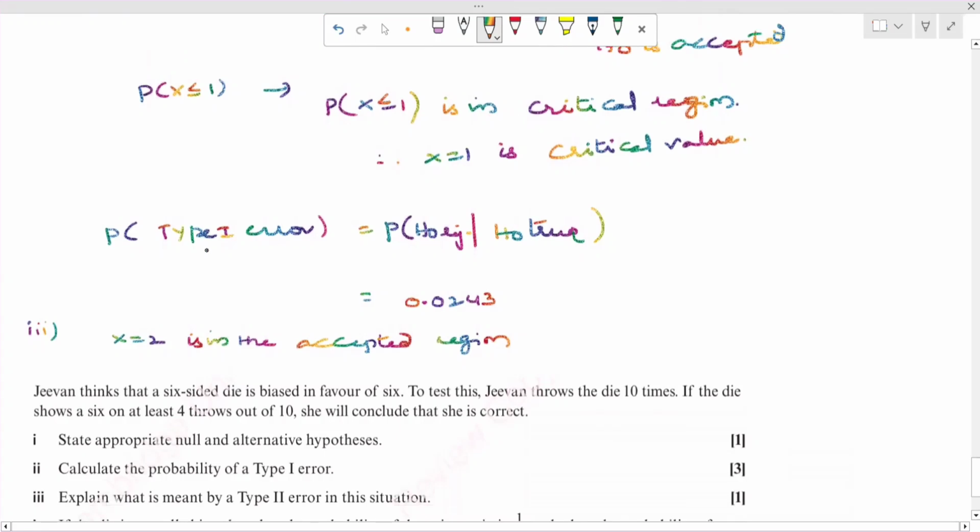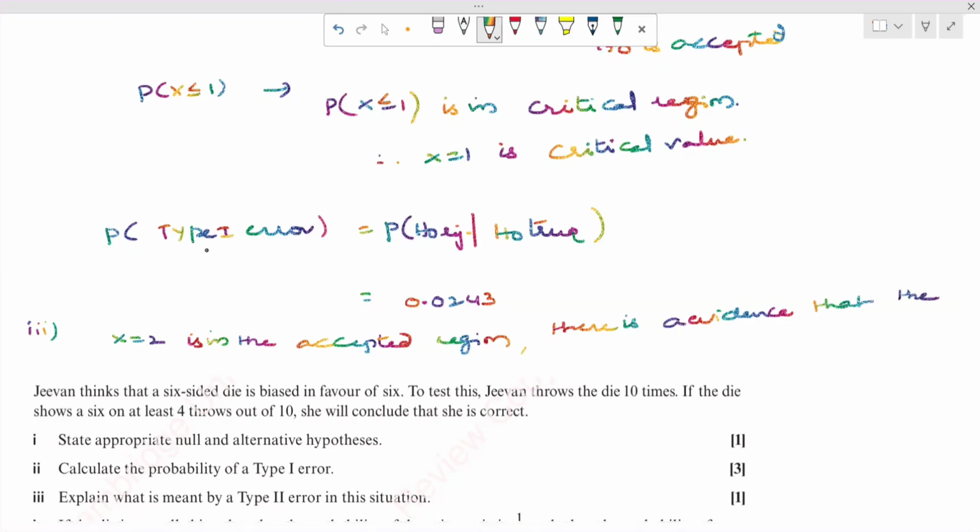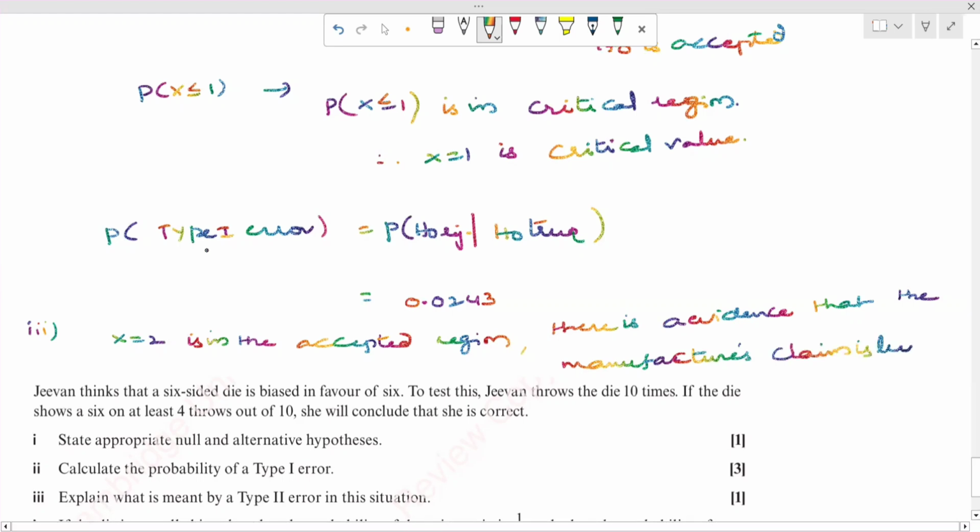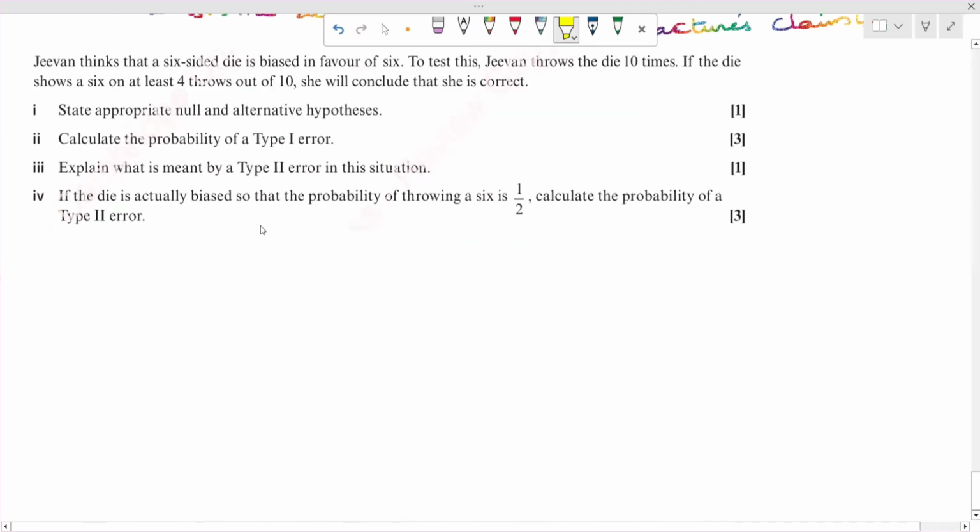So therefore, we can conclude that there is evidence that the manufacturer's claim is true.